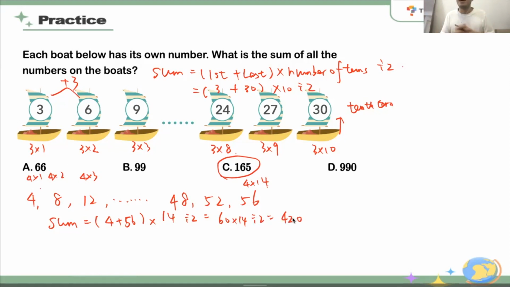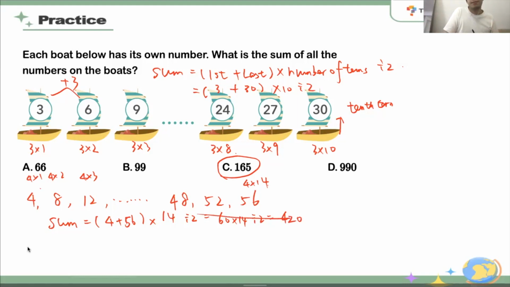Do you have the right answer? If you have the right answer, type yes in the chat box, okay? And we will have one more question to test whether you have this knowledge, okay?